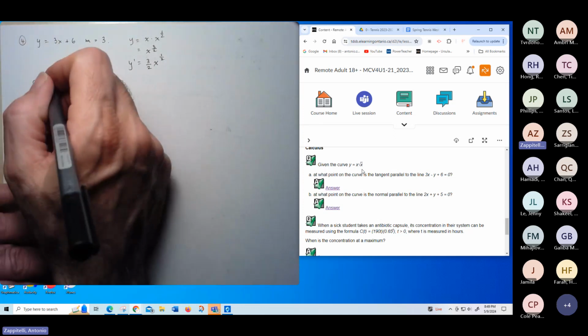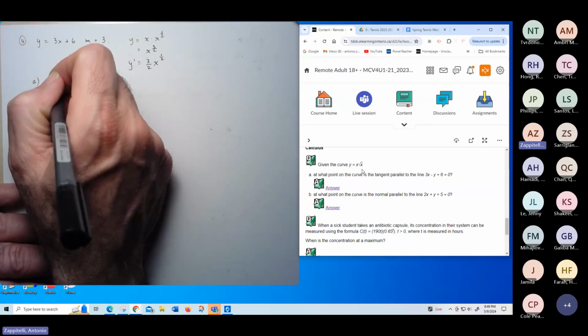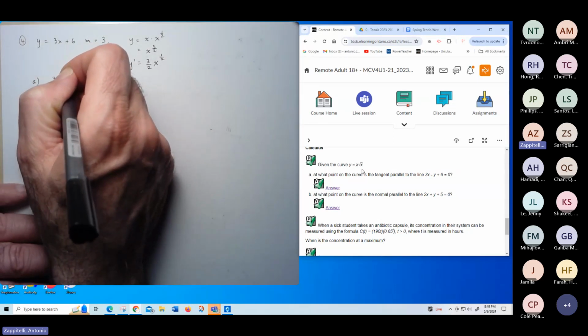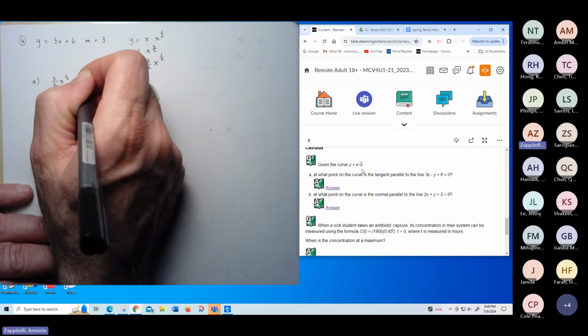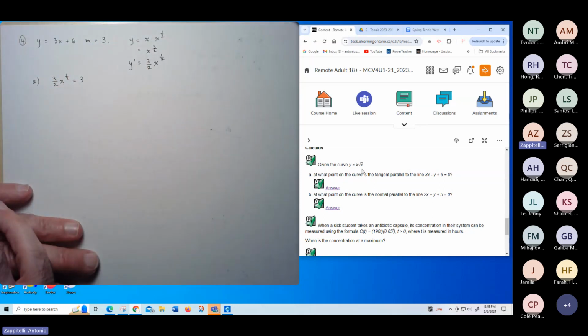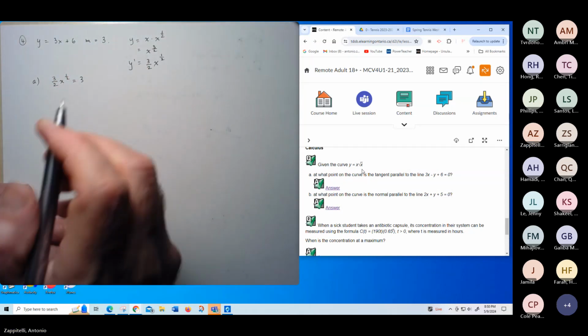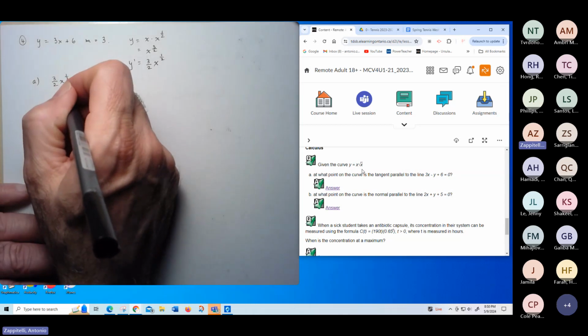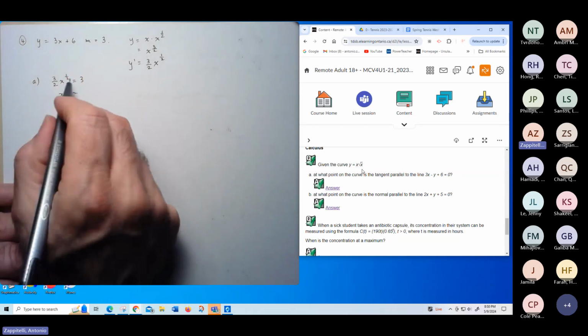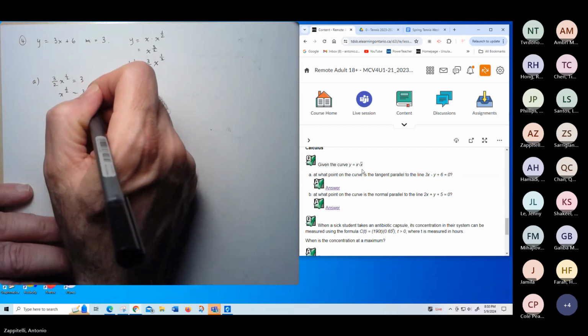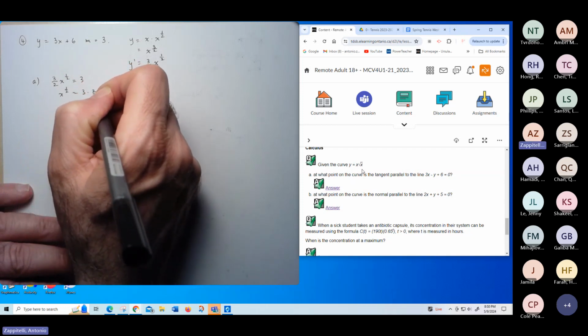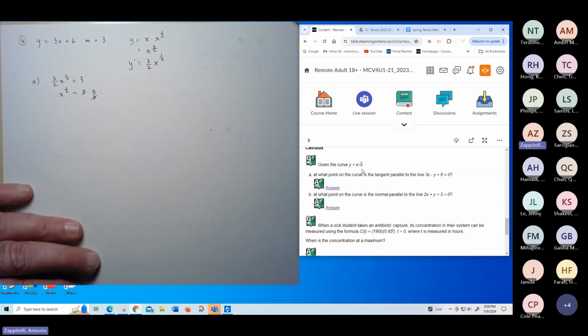I'm just going to rewrite the derivative, 3/2 x to the 1/2, and I want to know when that's equal to 3. This is just going to be x to the 1/2, and let me multiply both sides by 2/3. And look at that, the 3's just cancel out.